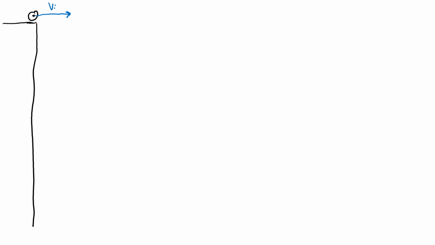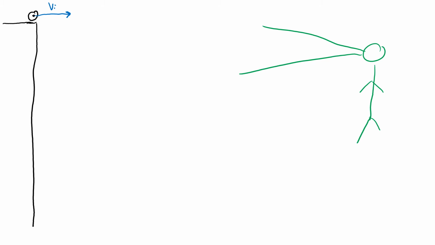Well, let's start by looking at the y direction. If you were standing on the side over here and looking at the path of this ball, if you didn't have any depth perception, then the ball would appear to start here and then drop straight down.